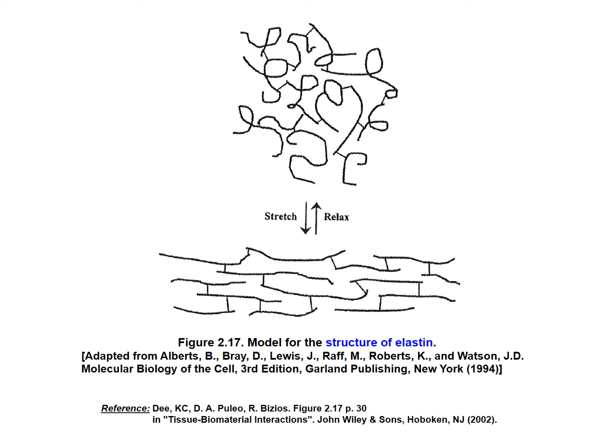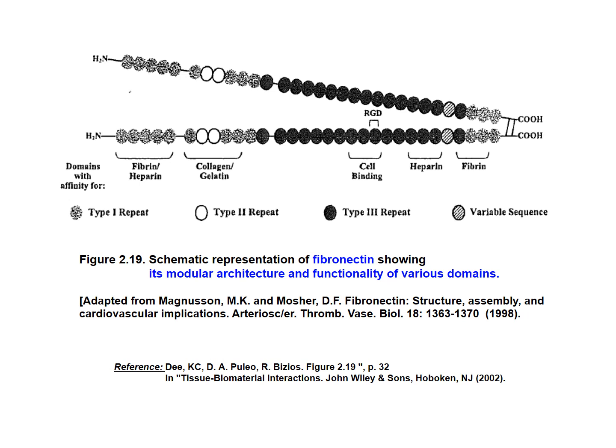A third example from figure 219 in the textbook is fibronectin. Fibronectin is very important because it was one of the proteins which was studied extensively, and as a result of that, the mechanism of how cells interact with proteins in the extracellular matrix was discovered.